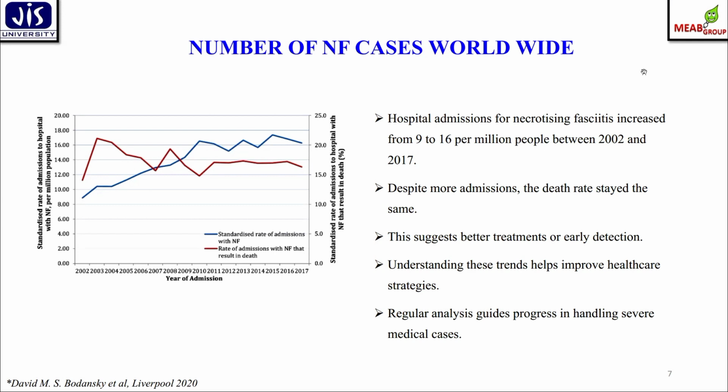It suggests that better treatment and early detection need to be maintained. Understanding this trend helps to improve healthcare strategies. Regular analysis, critical thinking, and proper guidelines from medical practitioners will allow proper handling of severe medical cases caused by necrotizing fasciitis, by this flesh-eating bacteria.